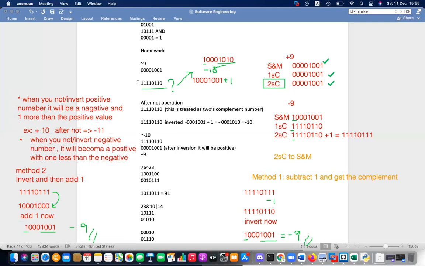As an example, you can say minus 10 after not, it will be plus 9, right? So this is what is happening. So please do that.